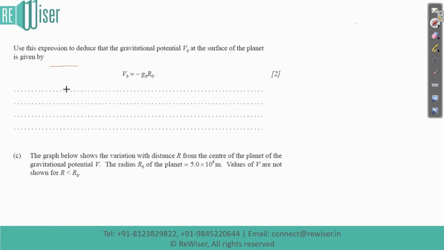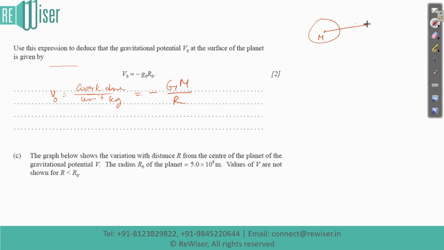Now you see, V0, we have seen gravitational potential is work done per unit kg at a certain point P, which is r distance away from the planet. We've seen that, and this is equal to minus GM by r.